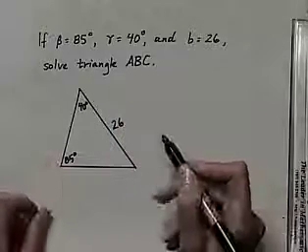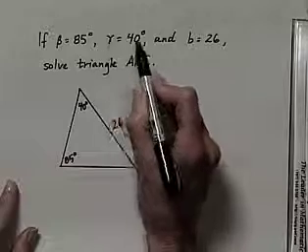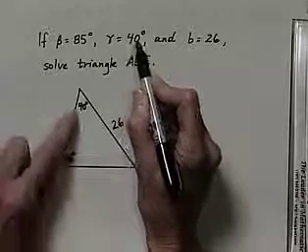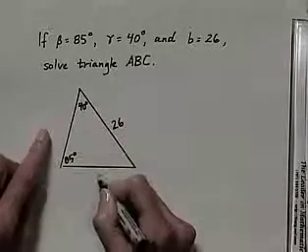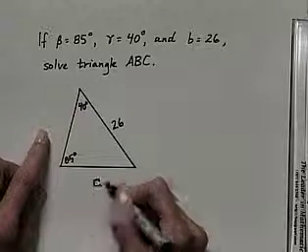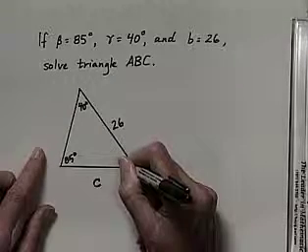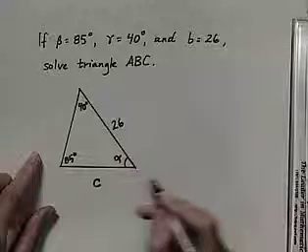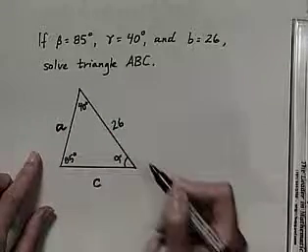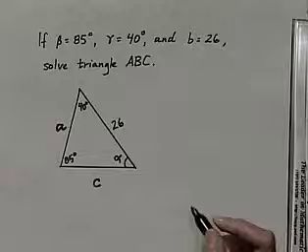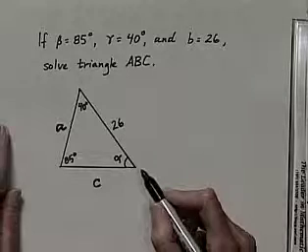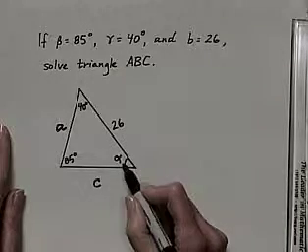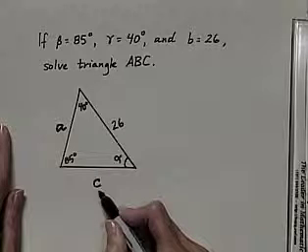Now, using the standard labeling, if this is gamma, then opposite gamma we're going to have our value C, and we're going to have an angle alpha, and opposite alpha, the length A. What we want to do to solve the triangle is to find the values for alpha, A, and C.